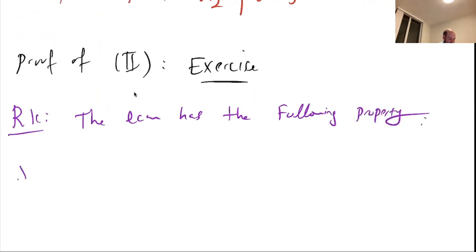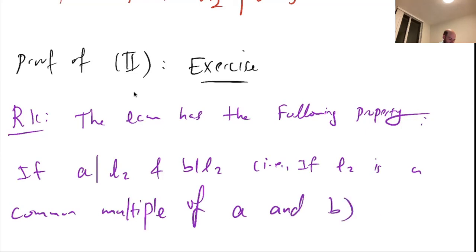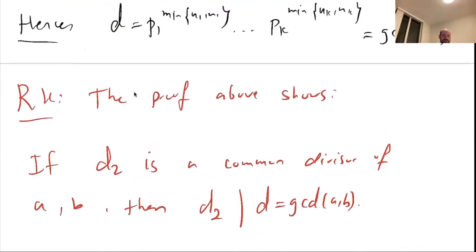That if, let's say, A divides, for example, L2, and B divides L2, i.e., if L2 is a common multiple of A and B, then what happens here? I'm writing the corresponding property of this remark, which was about GCD, the corresponding version for LCM.